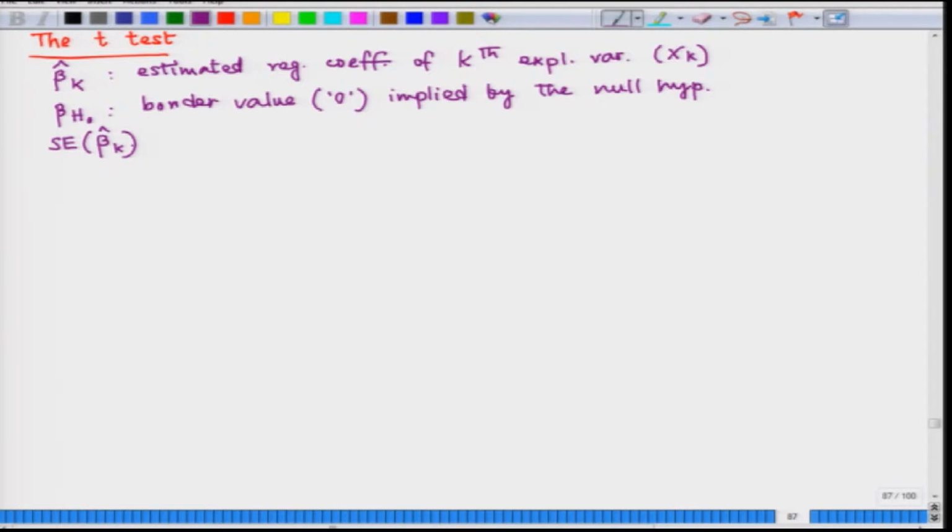Okay, fine. So, now we define a statistic which is to be computed from the sample, the observed data, and that is known as the T statistic. And it is defined as beta hat k minus beta h naught divided by the standard error of beta hat k.